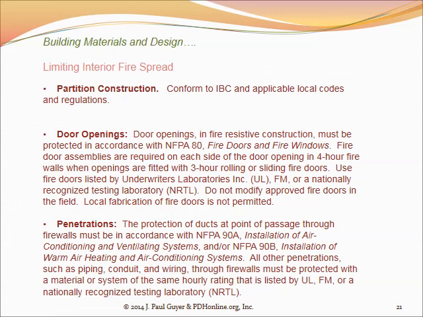And if the code dictates that a certain wall needs to be of 2-hour fire-resistive construction, you need to keep in mind that that also means that any doors or windows in that wall have to be of that same level of fire-resistive construction. And door and window assemblies are tested in the same way by Underwriters Laboratories as the basic wall construction is.